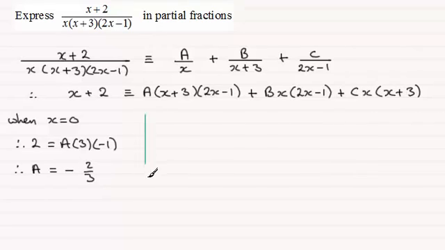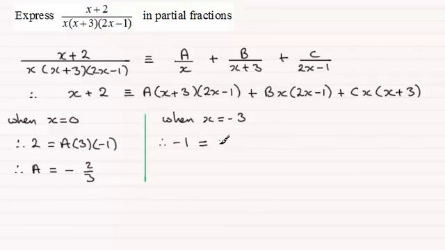Let's move on and see if we can find another value. Let's choose x to be minus 3. It will make this bracket 0 and this one here 0, and it will allow us to find out B. So when x equals minus 3, then we're going to have minus 3 plus 2, which is going to be minus 1. And that's going to equal, well, this bracket will be 0, so all of this will go out.